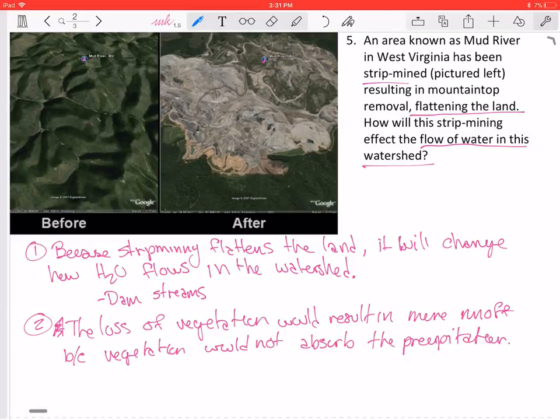And then the other one that a lot of you guys talked about was going along with this loss of vegetation, it would result in the waterways becoming polluted.